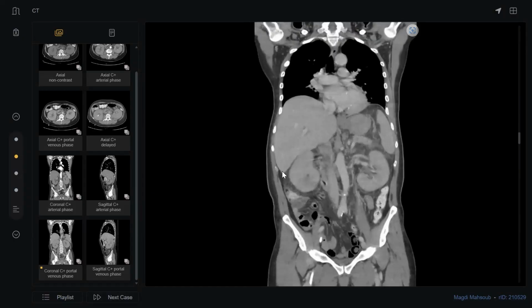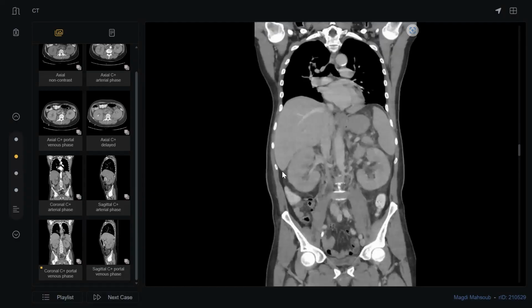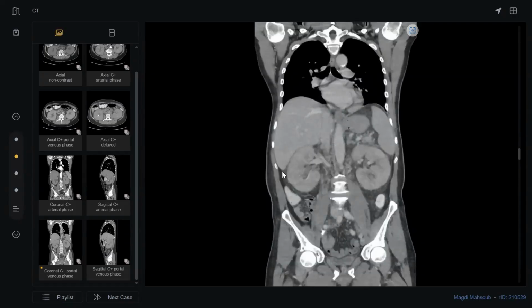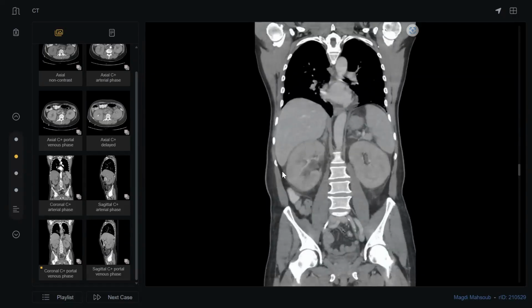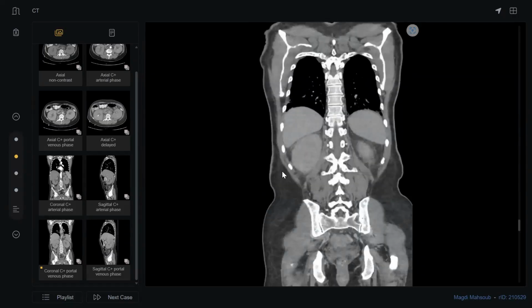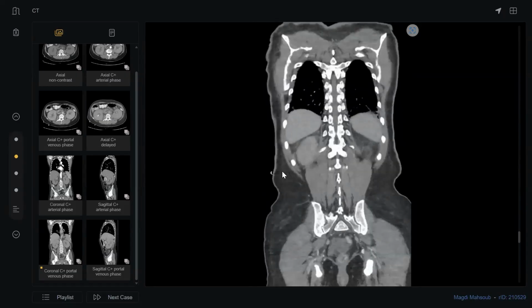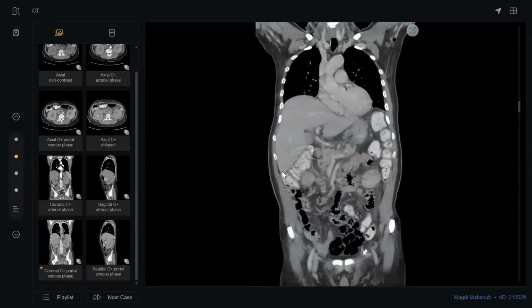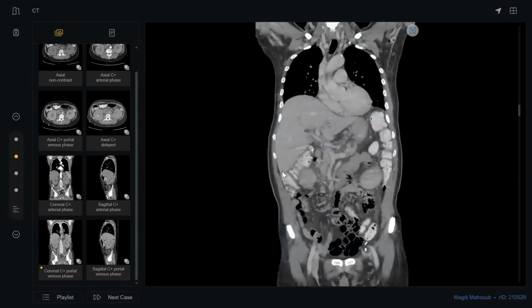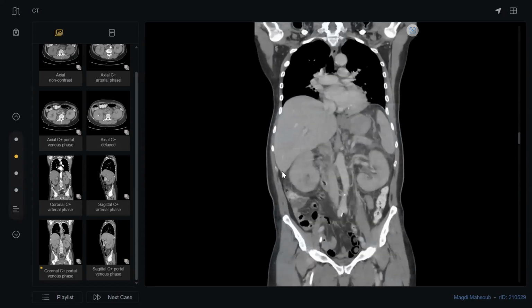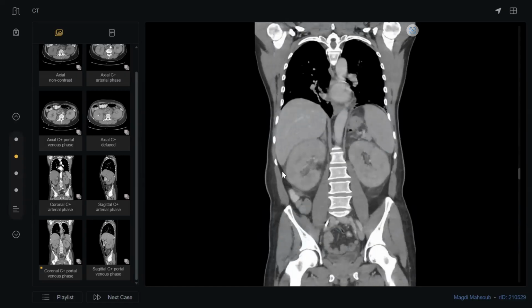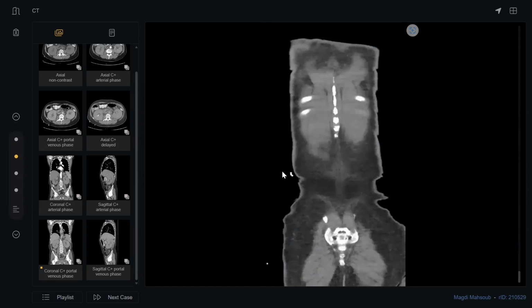So give me your first differential diagnosis, please. In an old age patient, bilateral enlargement of the kidneys can be due to lymphoma. That can be one possibility because enlarged lymph nodes are there. If the patient is immunocompromised, then it can be HIV-associated enlarged kidneys.